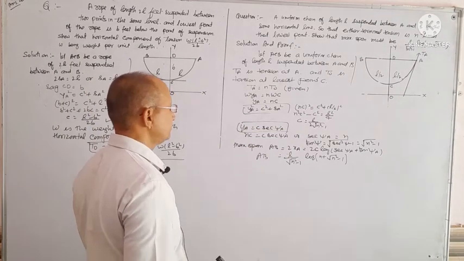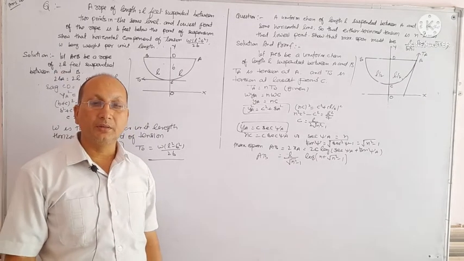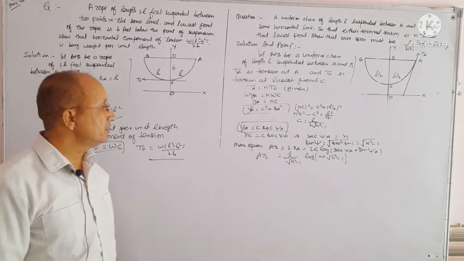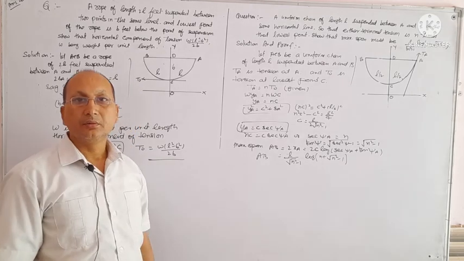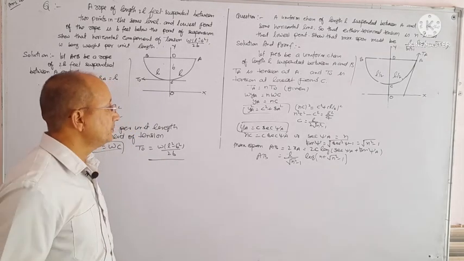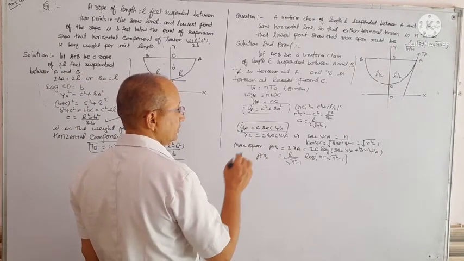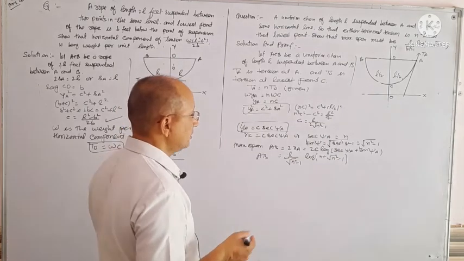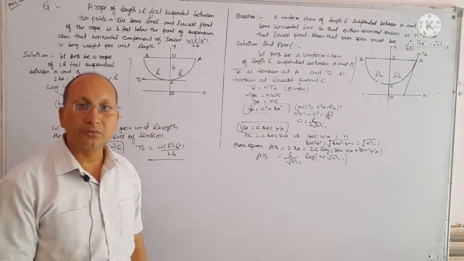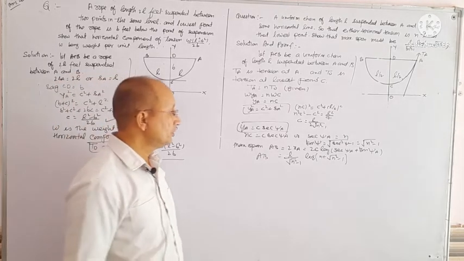Applying this relation and putting the values of YA and SA, we obtain C. And after it, Y equals C sec psi. That is the relation between Y and psi at point A. Putting these values of YA, we get sec psi A and tan psi A. Also we can find tan psi equals root sec square psi minus 1, root n square minus 1.